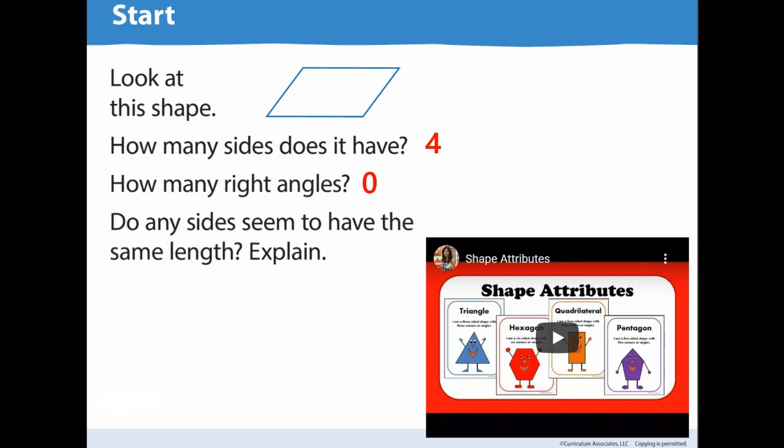How do I know? Like this. The bottom is the same length as the top side, and the right side is the same length as the left side. Or vice versa.